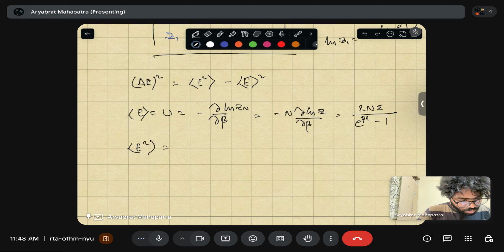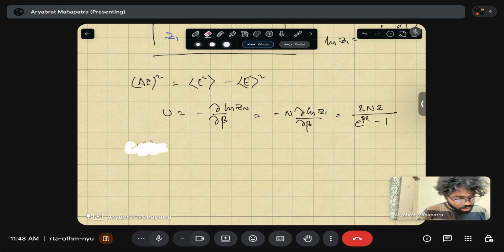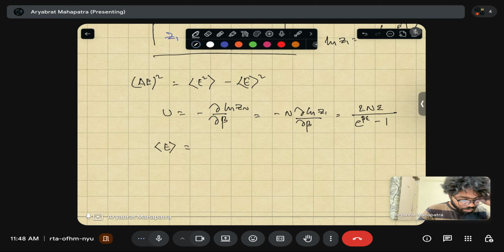So this is basically your internal energy, and so your mean energy can now be written as 1 over Zn, del ln Zn over del beta.